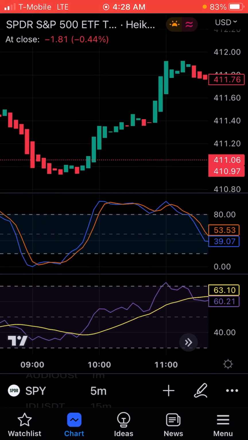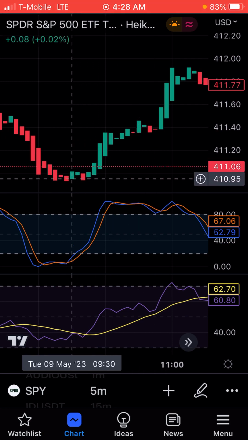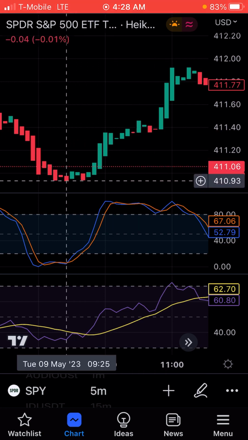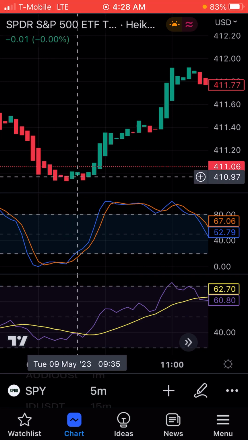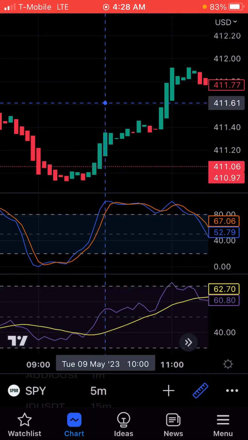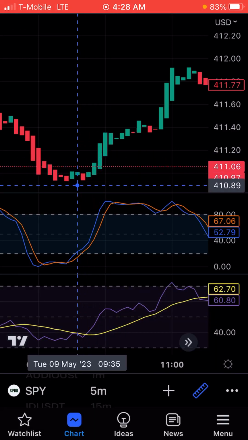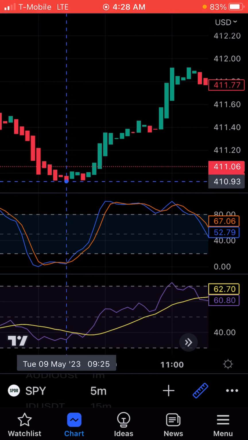Let's find a couple of situations here. We can see the blue line passing through the orange line on the Stochastic RSI. This would be our entry point on a call.